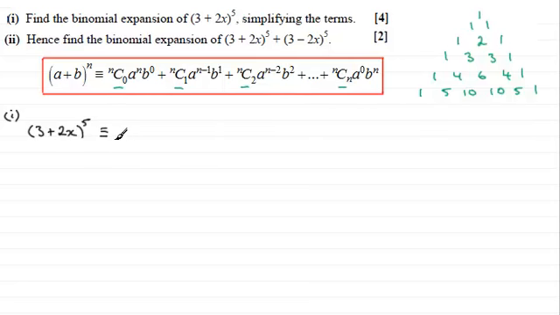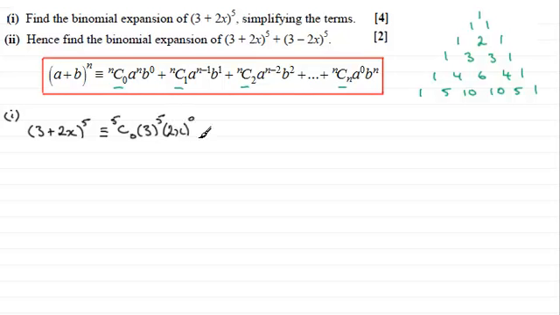So this is going to be identical to nC0, so n would be the 5, so it would be 5C0, or you could write in place of this the 1 here. And then it would be a to the power n, well a is the 3, so we've got 3^5. And then b to the power 0, b being the 2x, so it's (2x)^0.